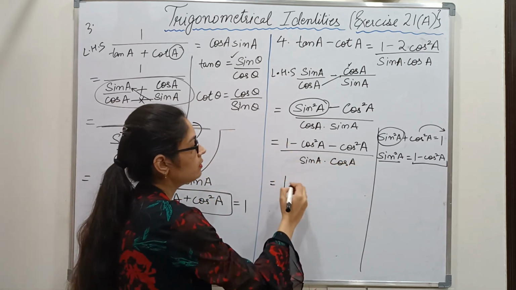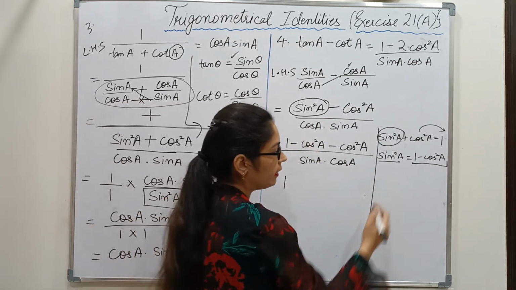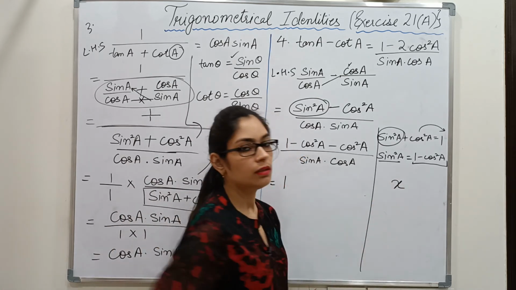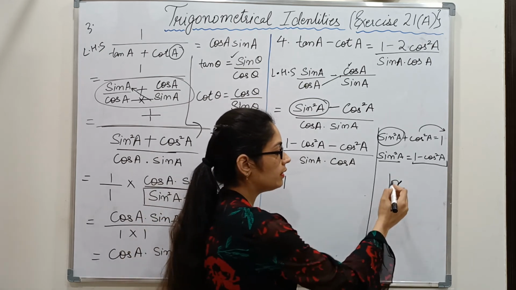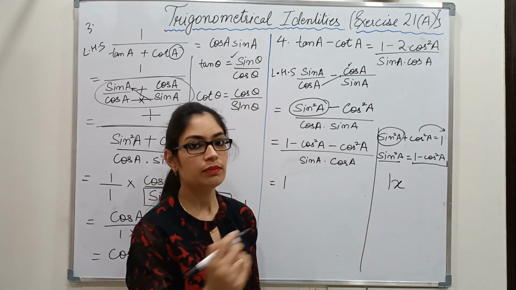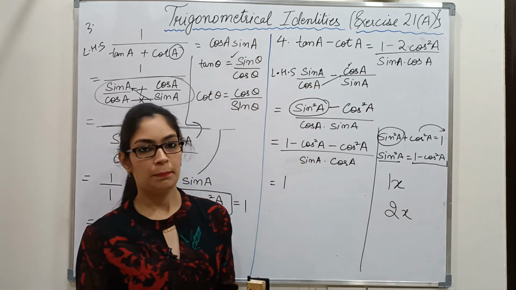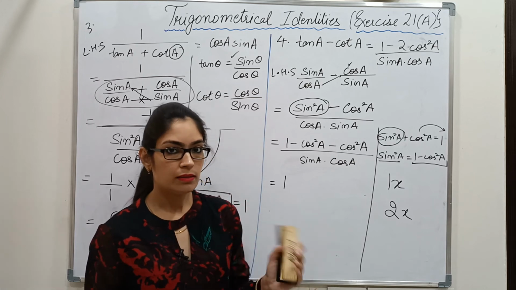Now 1 as it is. See, if nothing is written, like in earlier classes when we did linear equations, what did we consider x at that time? We considered it as 1x, because if nothing is there, it means 1x. 2x and 3x, numbers are written, so we know. But if nothing is written, that means it is 1.